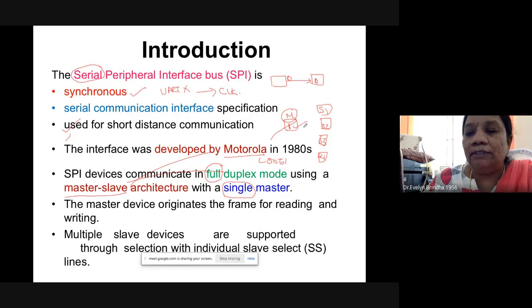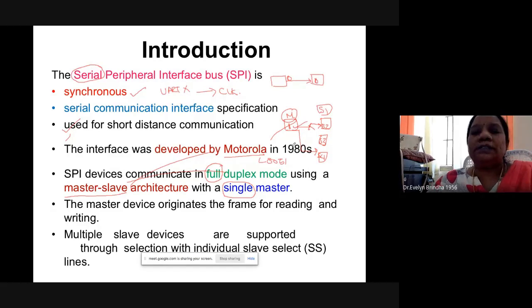The master can select one of the slaves and communicate with that slave alone. If it doesn't want to communicate with slave 2, it can disconnect, go to slave 4 and start sending information to slave 4. So at any point of time, the master has all rights to select and deselect a particular slave.